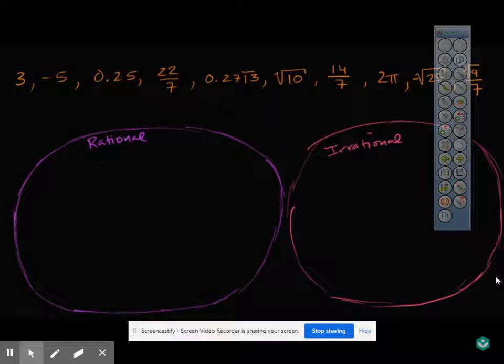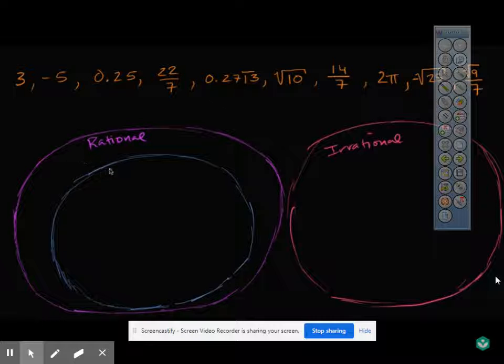And then within rational numbers, you have integers themselves. So I'll do that in this blue color. Integers. So integers are numbers that don't have to be represented as a fraction or a decimal. So these are integers right over here. And then a subset of integers are whole numbers. If you essentially say the non-negative integers, you're then talking about whole numbers. So let me do that subset right over here.